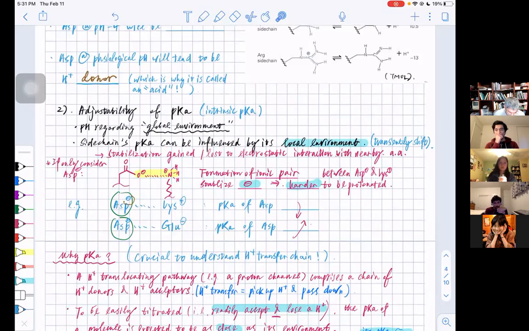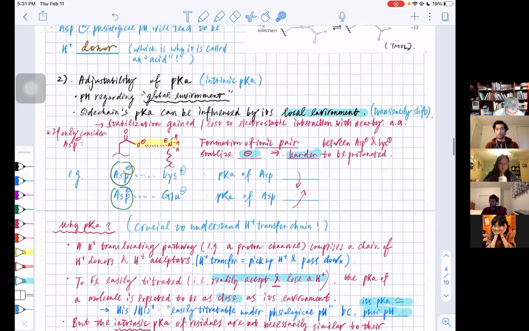So we'll say the pKa of aspartate will be lowered, because it will be harder to protonate that aspartate when it gains stability from interaction with a positively charged lysine.